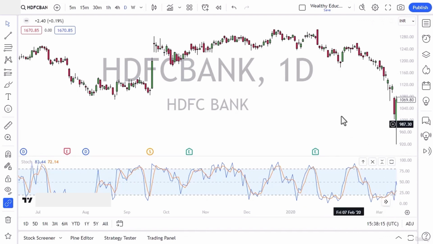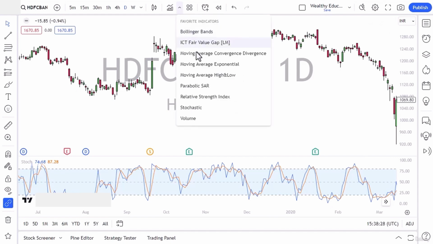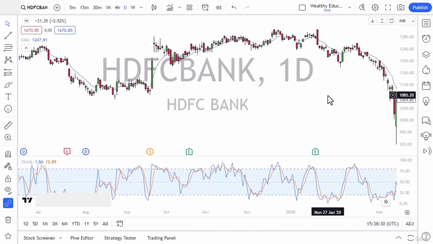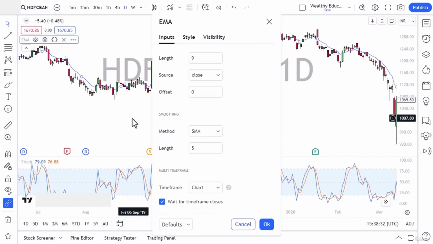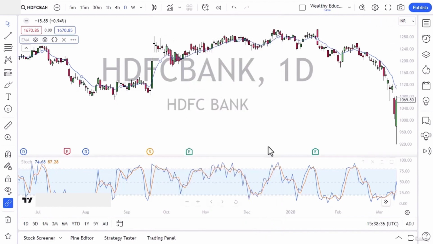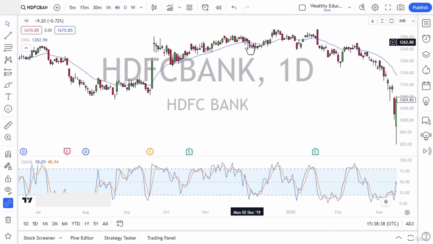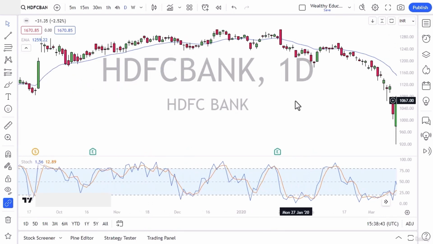It measures from 80 to 20. But it tends to do better in a range-bound environment. So quite often, what you'll see is a moving average plotted as well. And I'm going to make this, let's just say, a 20-day moving average. So once things get a little bit flat, that's when stochastic tends to do fairly well.